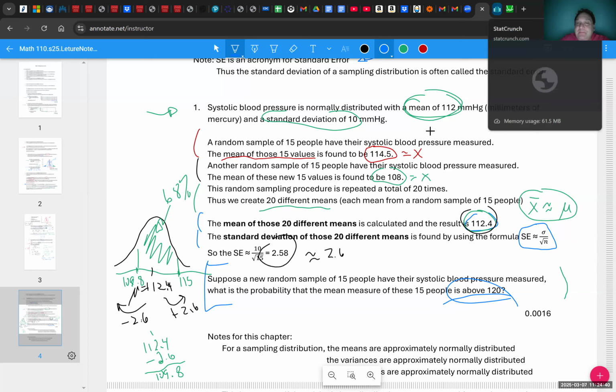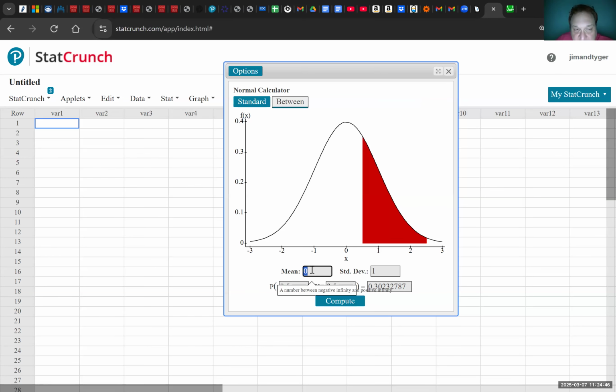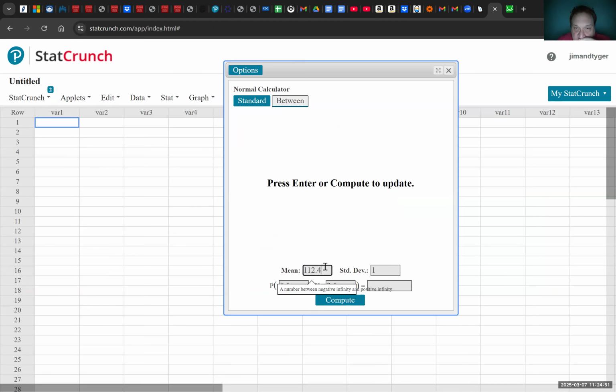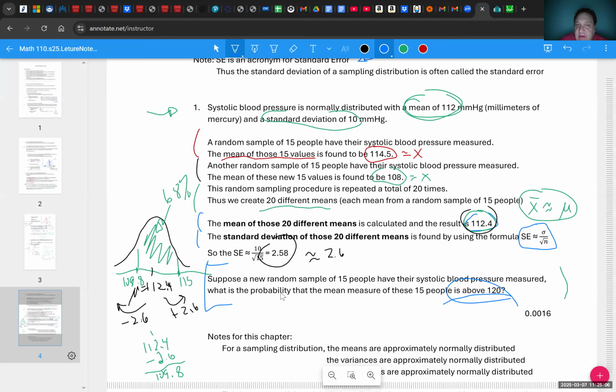So I'll go over here. I'll put in 112.4 with a standard deviation of 2.6. So there's the shape with the middle at 112.4, and standard deviation is plus or minus 2.6. And my question is, what is the probability that it's above 120?